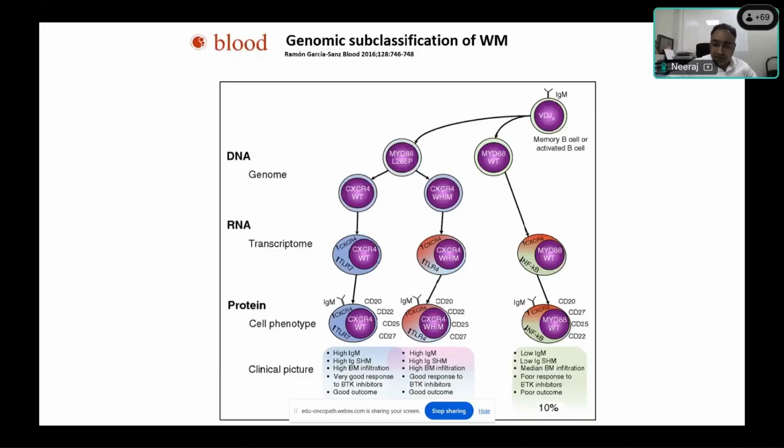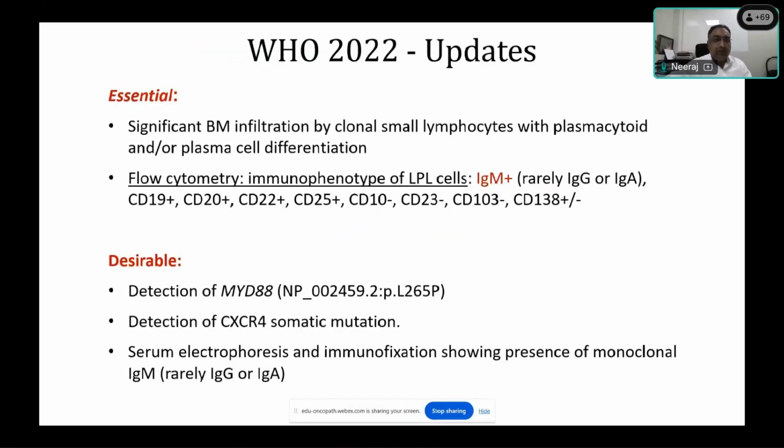So based on these markers, you are able to confirm and also prognosticate Waldenström cases. As per the WHO 2022, there are some essential and desirable criteria. There has to be a significant bone marrow infiltrate by small lymphocytes with plasmacytoid or plasma cells.